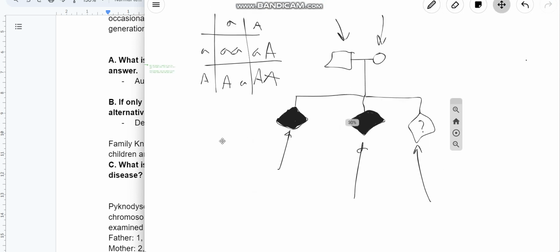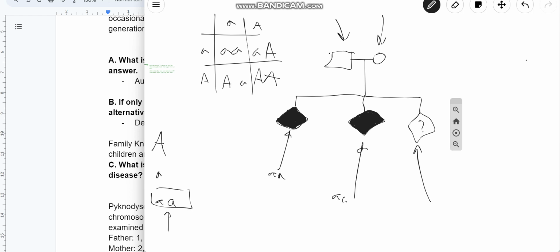So going back to it, let's assume that capital A is the dominant allele and little a is the recessive allele. Because we're talking about autosomal recessive, it will require 2 little a's to have the expressed phenotype. So these two have 2 little a's, and we know the father and mother do not have the expressed phenotype, so they cannot have this genotype.